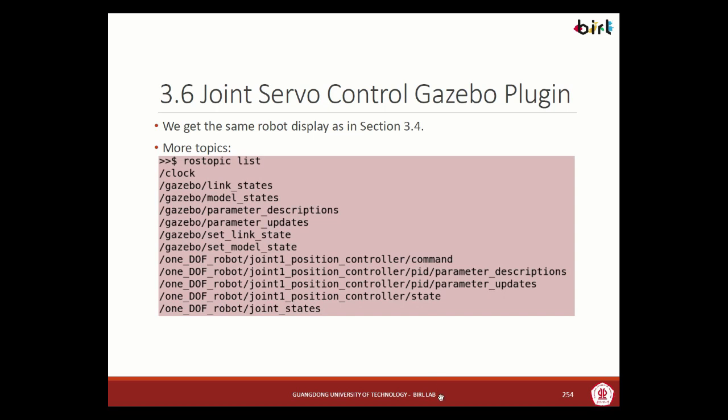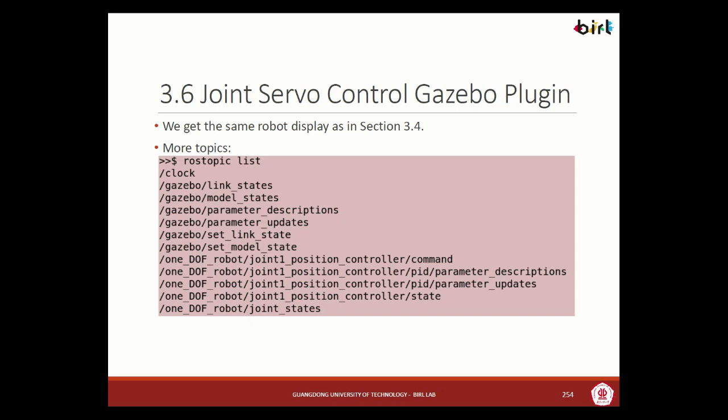Okay? We have two topics for PID parameter updates and descriptions, and then this is joint 1 state, and this is joint states. They're a little bit different. The joint 1 state will give you the position, velocity, and effort. The joint states will give you position, velocity, and effort for all the joints.